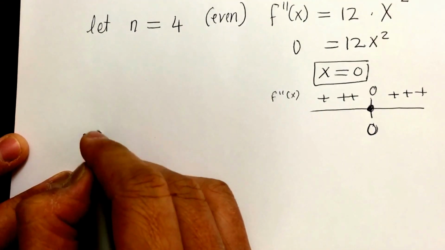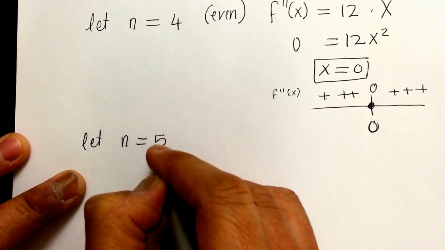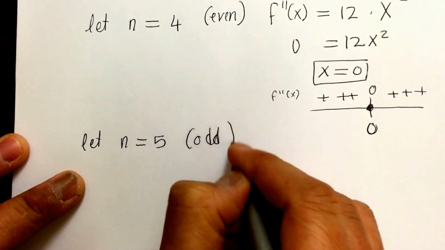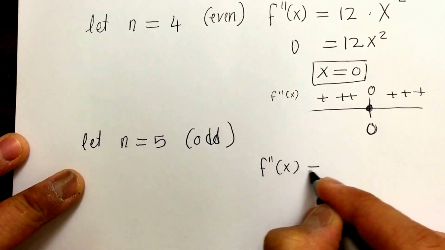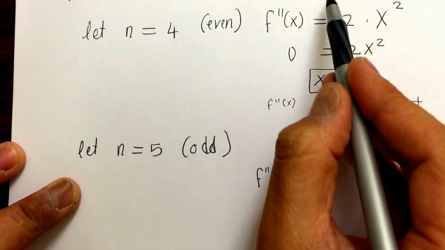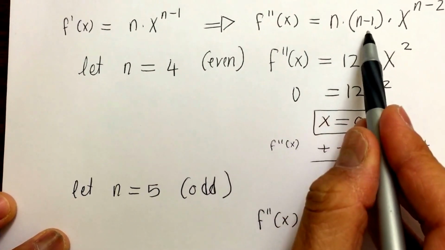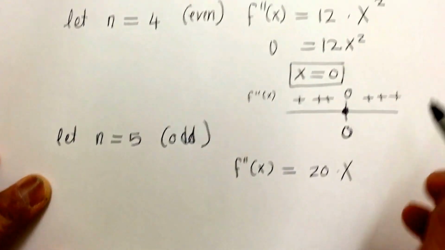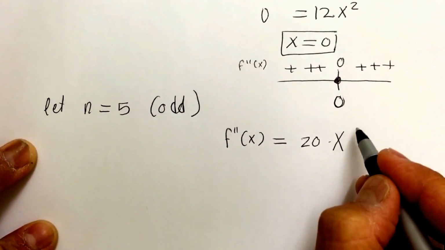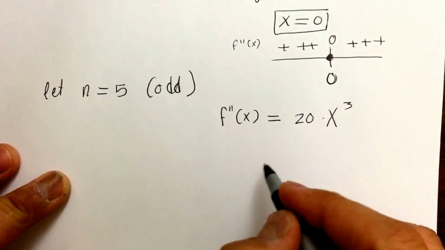And if you let n equal an odd number, like 5, you're going to see that the second derivative is 5 times 4, so that's 20, and then 5 take away 2, that's 3. Okay.